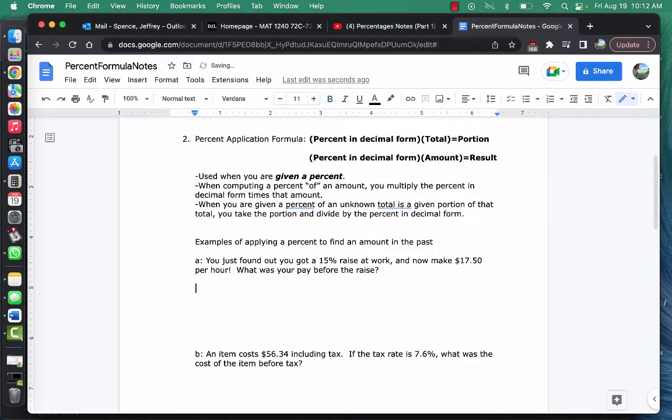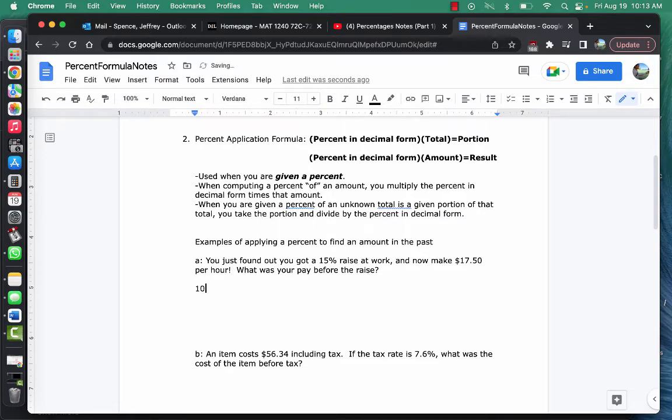But what makes this problem a little bit trickier than, say, the Damian Lillard example is that it's a 15% raise. So it's not 15% of your previous pay that is the 17.50. It's the 15% increase that you're getting.